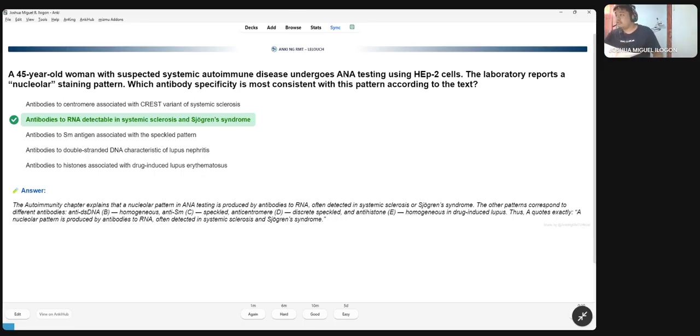So the laboratory results nucleolar staining pattern. Okay, so it's nuclear pattern in DNA testing, antibodies to RNA. Alright.